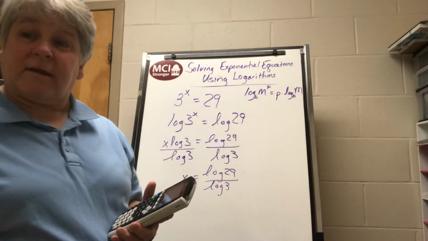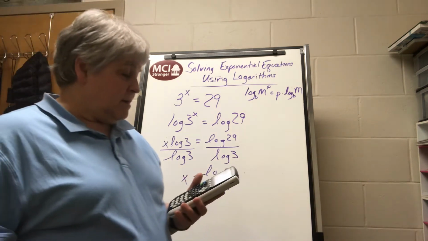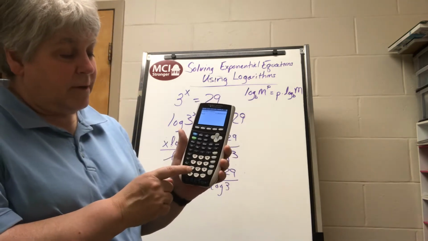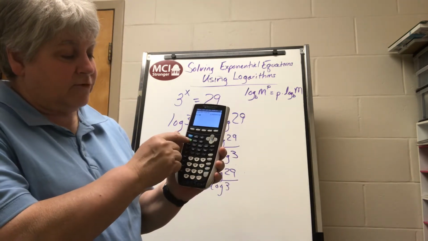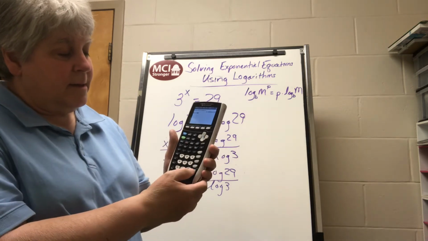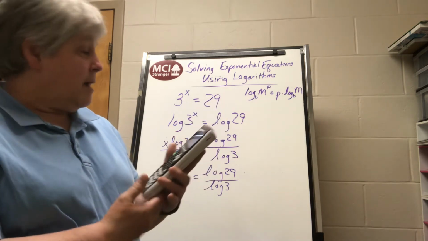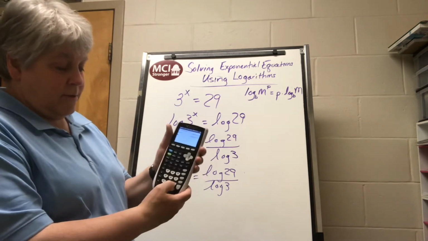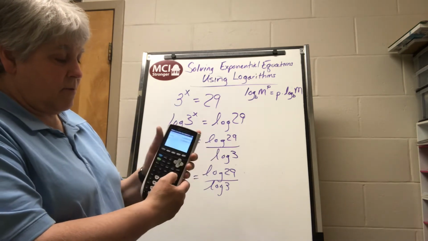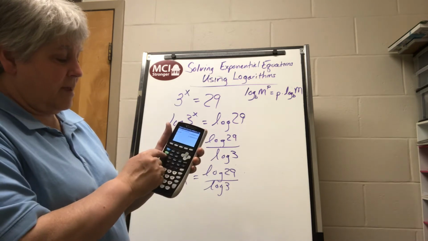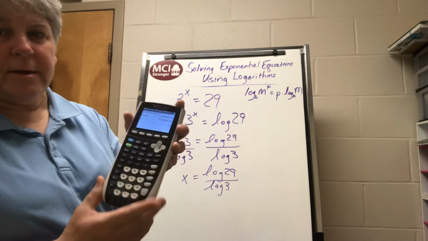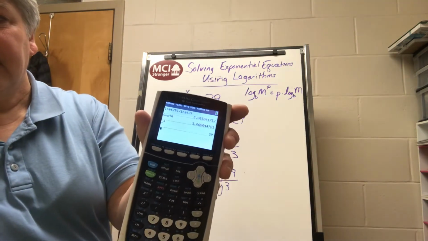If I wanted to check and see if I was right, what I could do is store the number in A, which is alpha A, enter, and then I could actually try it out on the problem. 3 raised to the alpha A, and I press enter, and boom, it lands on 29.